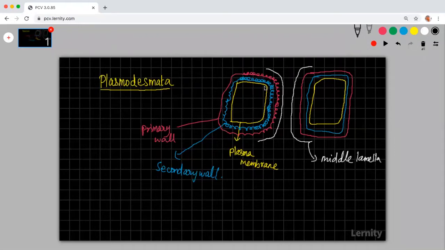Now in this case, whenever there are cells like this, there is something which is connecting these two.